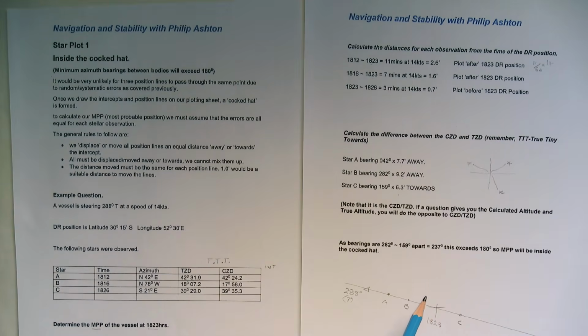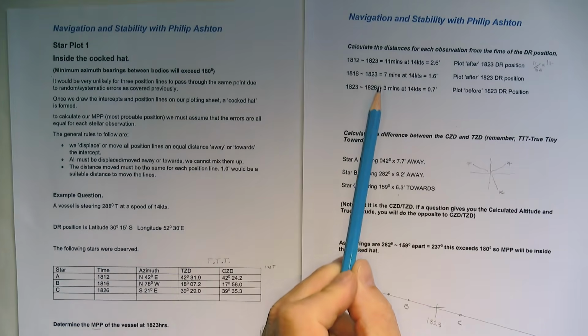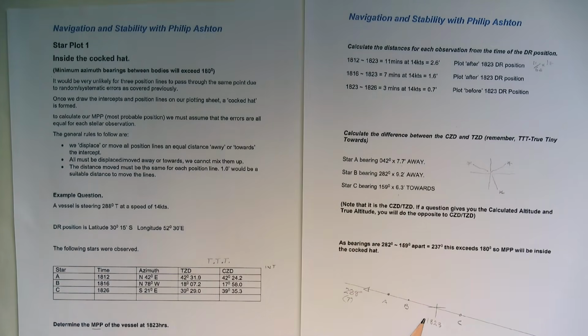So we would go 2.6 miles further forward. Star B, 1.6 miles. Star C, 0.7 behind. And then we get the difference between, as I say, the zenith distances, and therefore we've now got our bearings and our distances to plot.